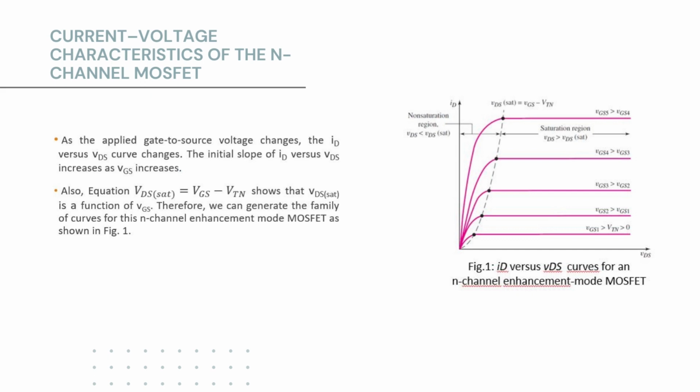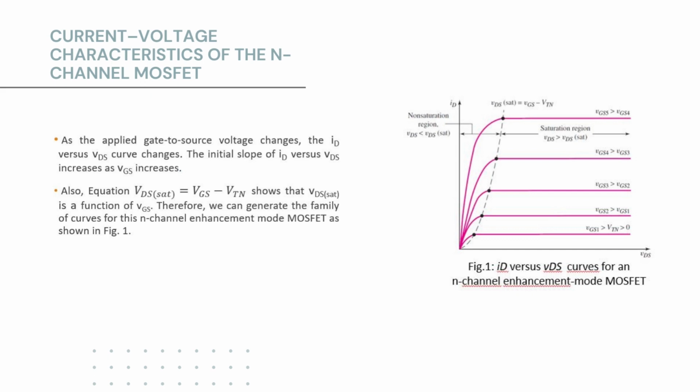Now we are still increasing our VDS value. Now the value of the drain to source voltage has become equal to VGS minus VTH, that is the saturation voltage. Now the saturation voltage is achieved. As the saturation voltage is achieved, the drain current will not increase any further and it goes into a straight line.